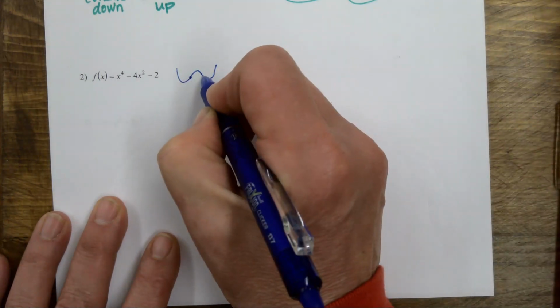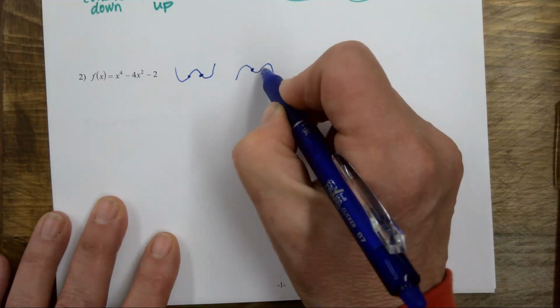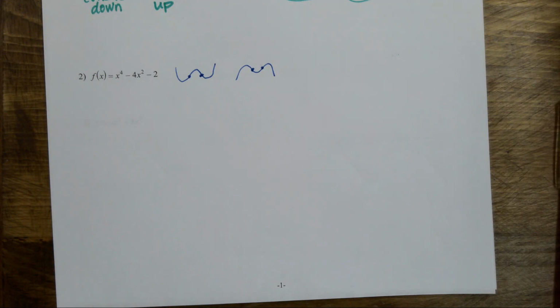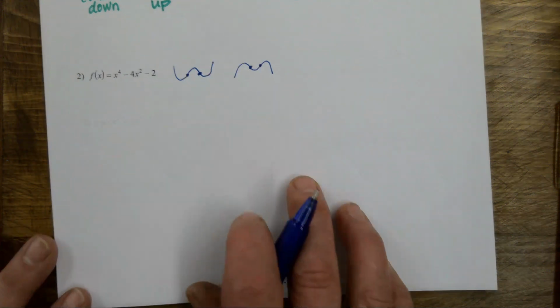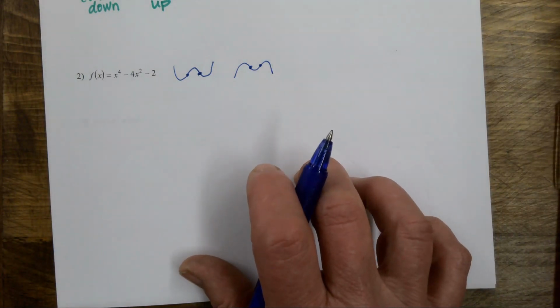I have 2 places where it changes concavity. Potentially. Remember, that doesn't mean it's exactly going to do that, but I have 2 points of inflection. I have 2 mins and a max, or 2 maxes and a min, and then 2 places where my concavity changes in each of those graphs.